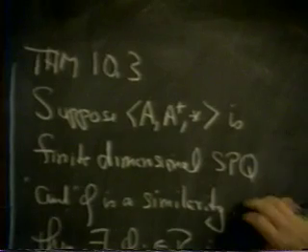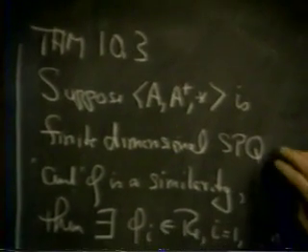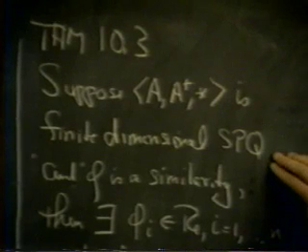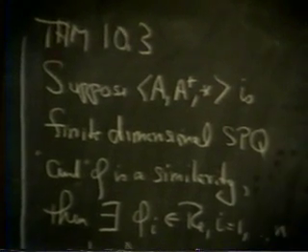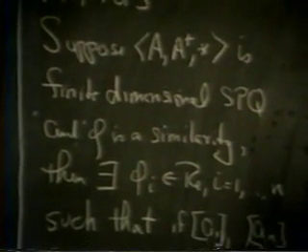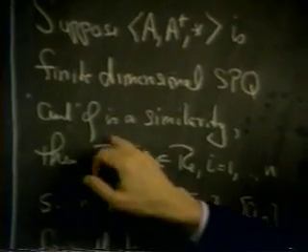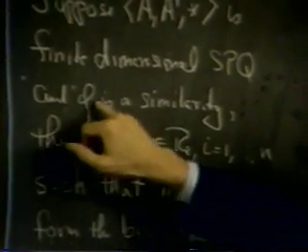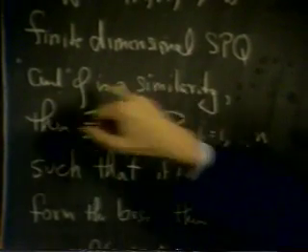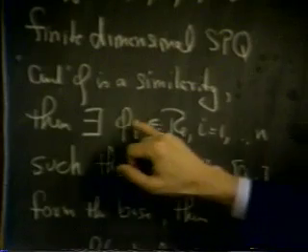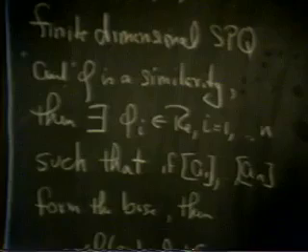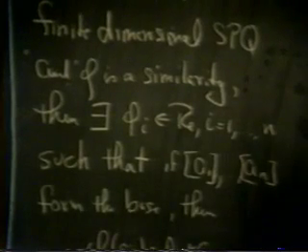Suppose that phi is a similarity in a finite dimensional space of physical quantities, structure of physical quantities. Then the assertion is that there are n real numbers, and I'll denote them as phi sub i. Usually phi is to represent a function, and it is indeed a function here, but I want to emphasize that these real numbers are locked into phi, so I'll use the same symbol and a sub i to represent the different numbers that are involved.